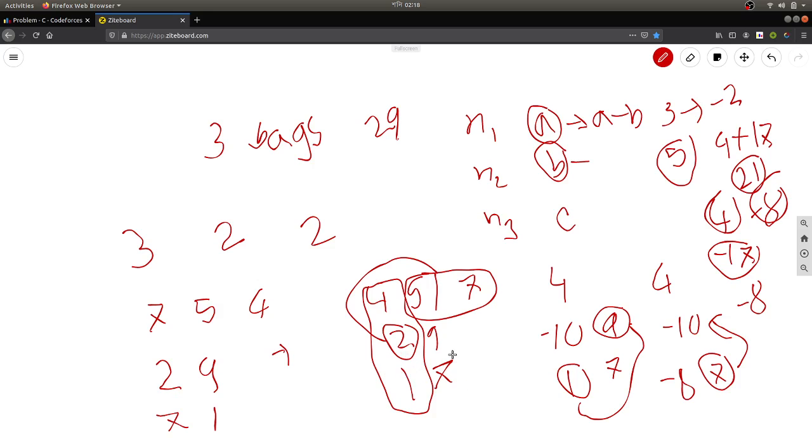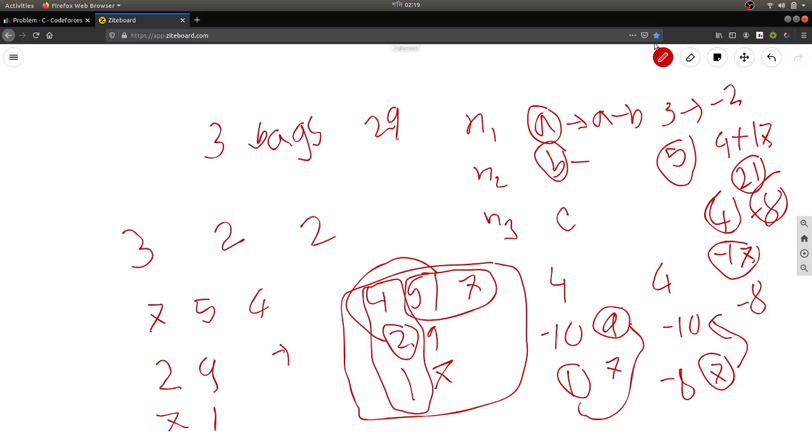Like whenever I add the first element to 2, the 7 becomes minus 5, so the 2 is taken out and not added. So what we can do is take the sum of all the elements and take out the two minimum elements from the minimums of the three bags.